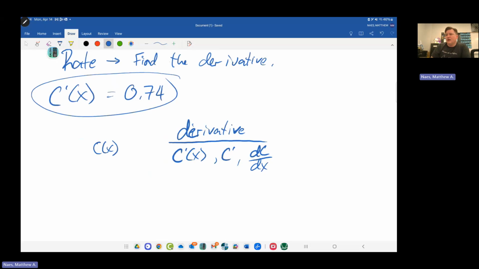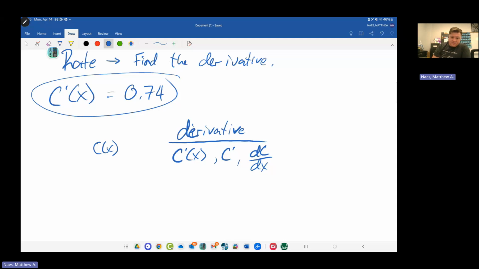Now, let me see if I can get to the other types of questions, which was probably in chapter 5. I don't know where we come on implicit differentiation, but that was the issue.